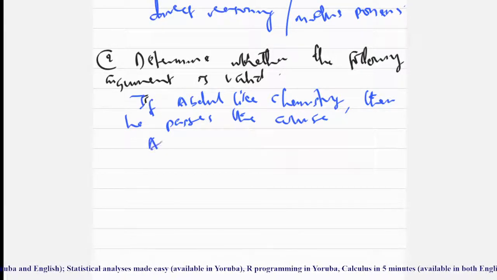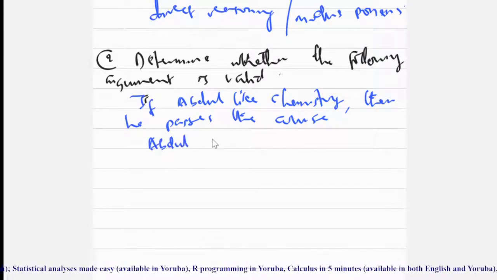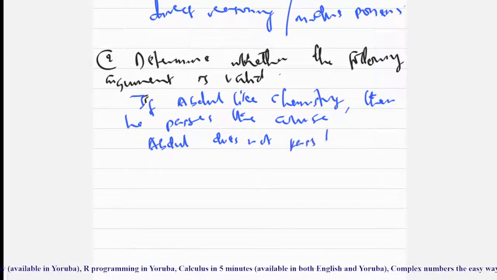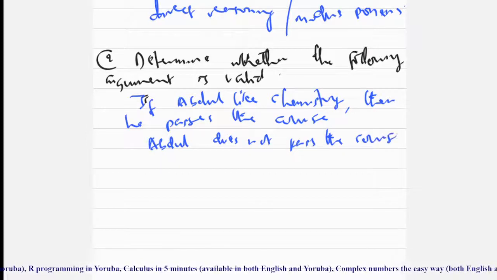And the second premise is: Abdul does not pass the course. You know, this is not direct. We call this type of argument or reasoning indirect reasoning or modus tollens. I'm going to explain better. Then immediately after that you have your conclusion now.